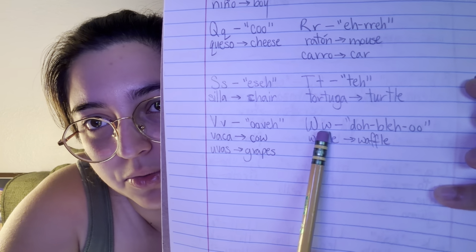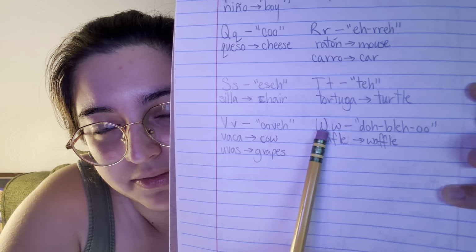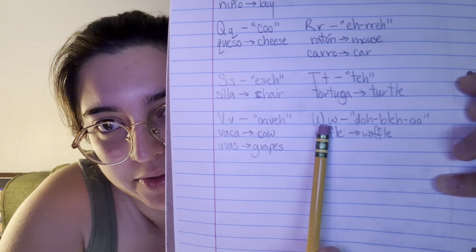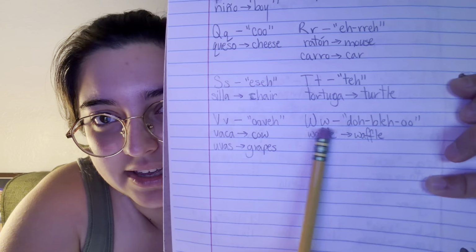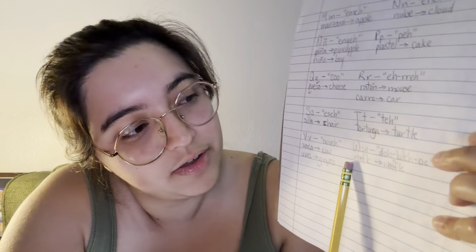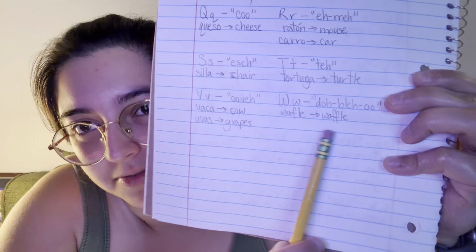You can also say doble ve, or you can also say V. I say doble u. So our sample word here is waffle, waffle. So not really used a whole lot, to be completely honest, but there you have that one.